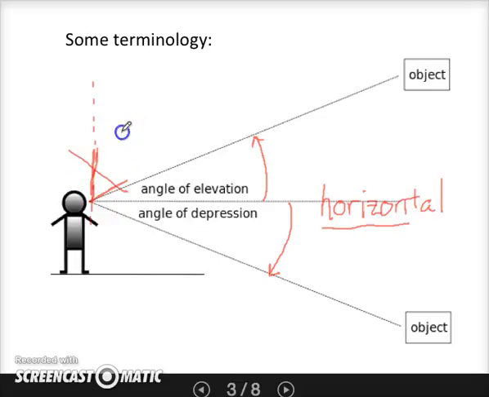That is not the one we're looking for. We're looking always for the angle between the horizontal and the line of sight. You can even label this line here the line of sight. Okay, once you have this diagram copied, we're ready to move into our problems.